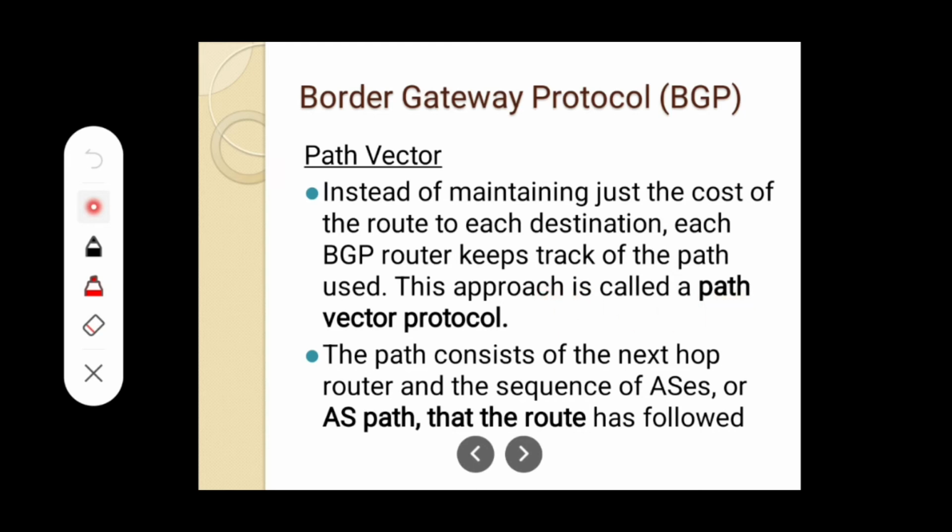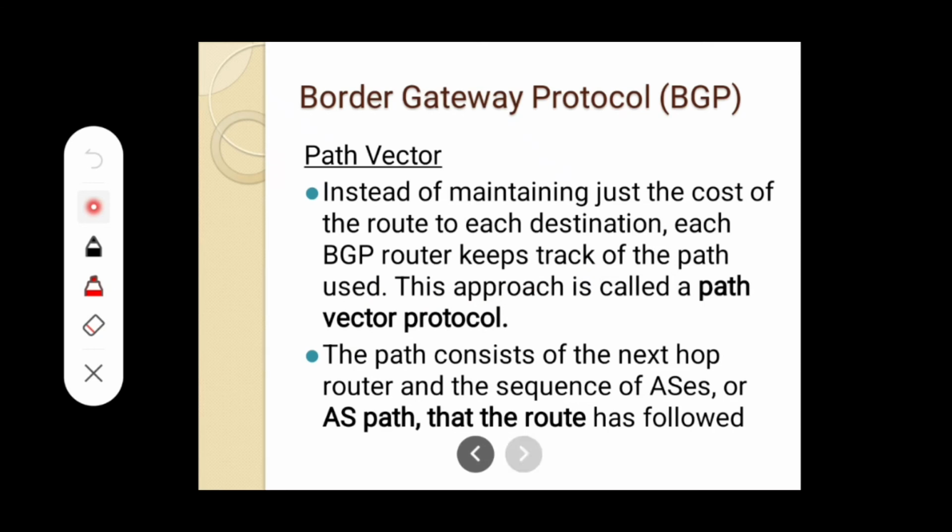Instead of maintaining just the cost of the route to each destination, each BGP router keeps track of the path used. We are also keeping track of the path used. This approach is called path vector protocol.